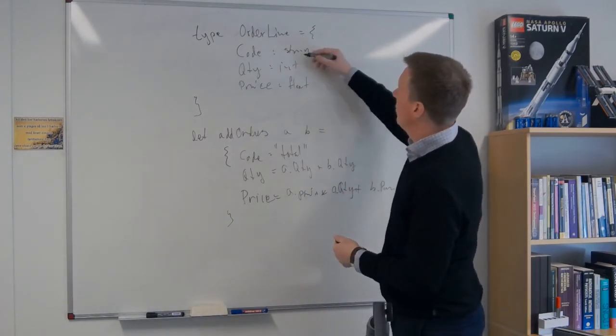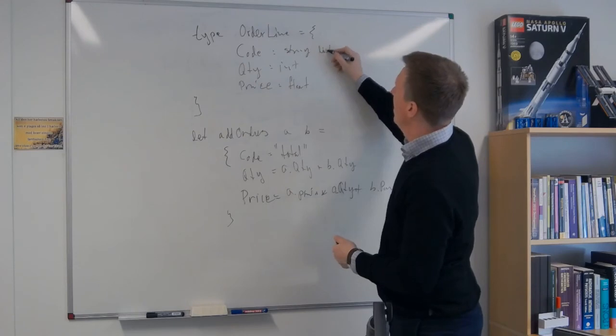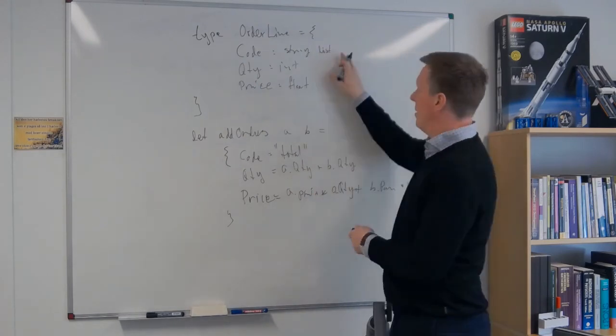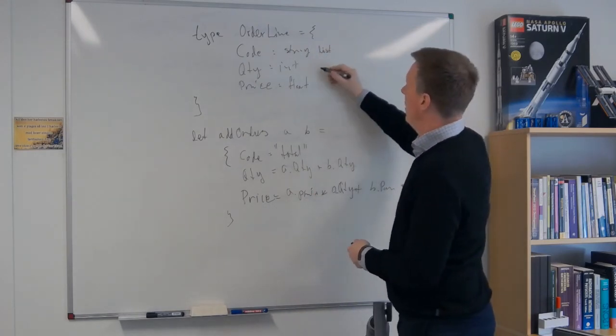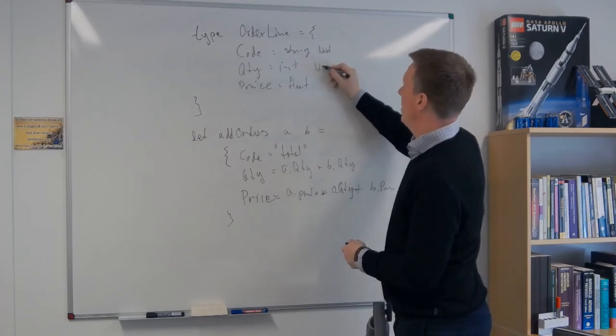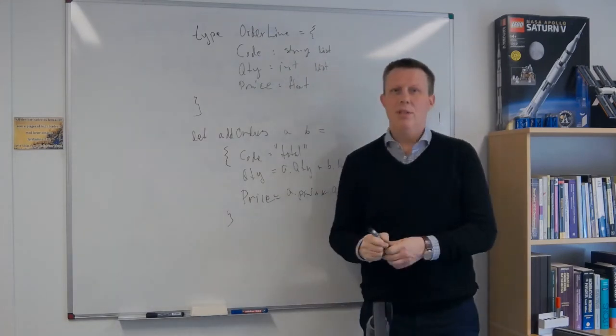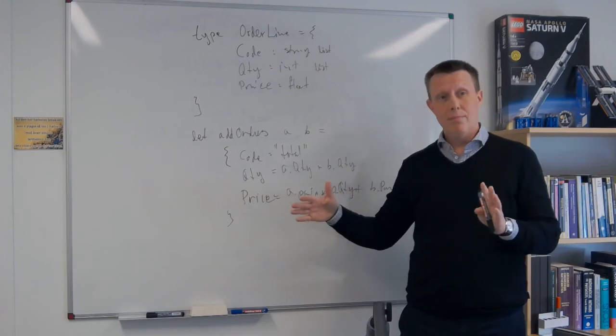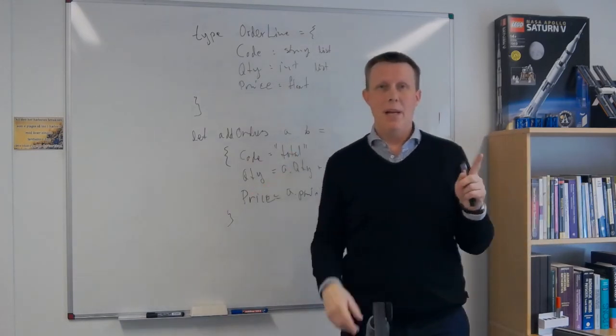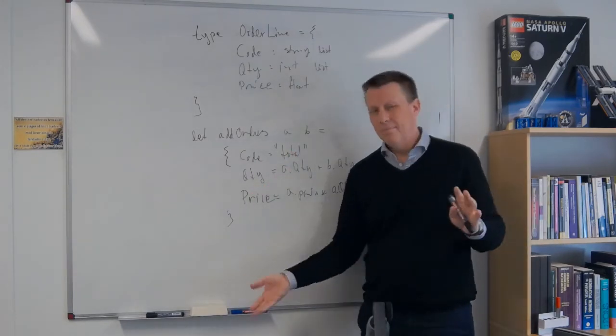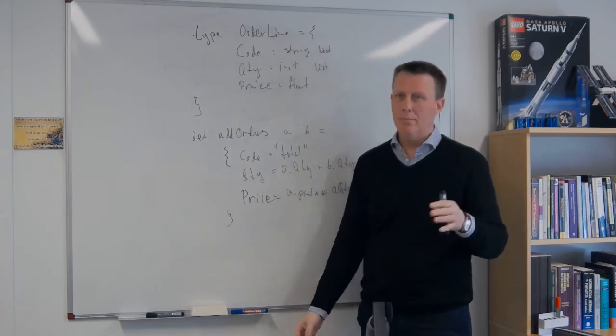Instead of having a code being a string, I'm just going to say string list, since list is a monoid. And quantity here is going to be an integer list. So for just normal product order lines, these things will just be a list with one element in it. Not so nice, but hey.